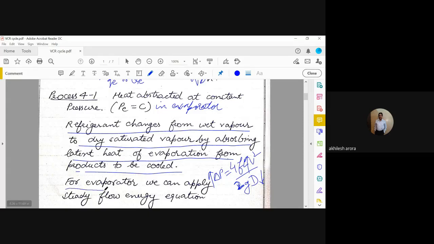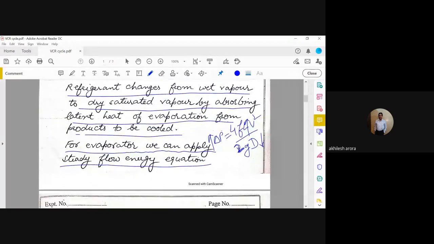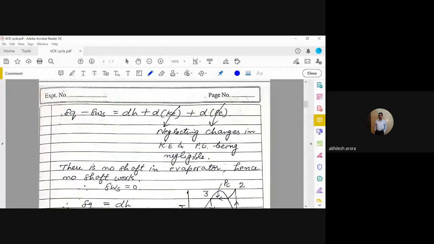For the evaporator, because the evaporator is an open system, we can apply the steady flow energy equation to it. Now, how to apply the steady flow energy equation? What is the steady flow energy equation? Delta Q minus delta Ws is equal to dH plus dKE plus dPE.